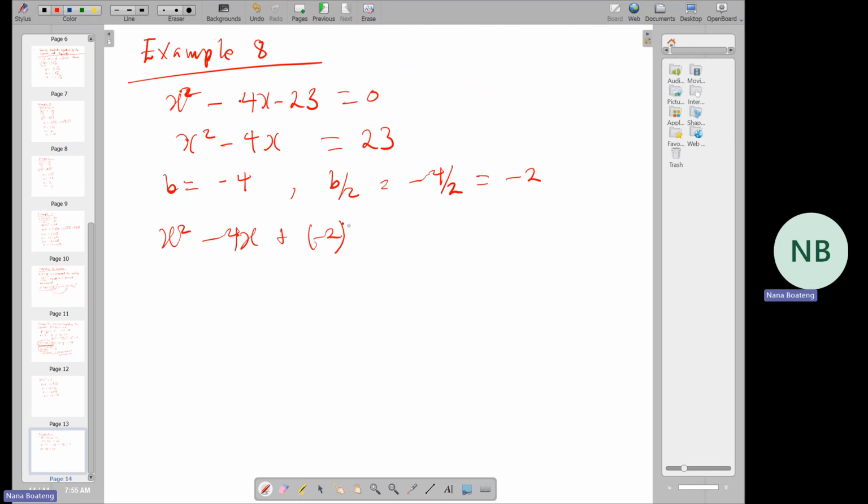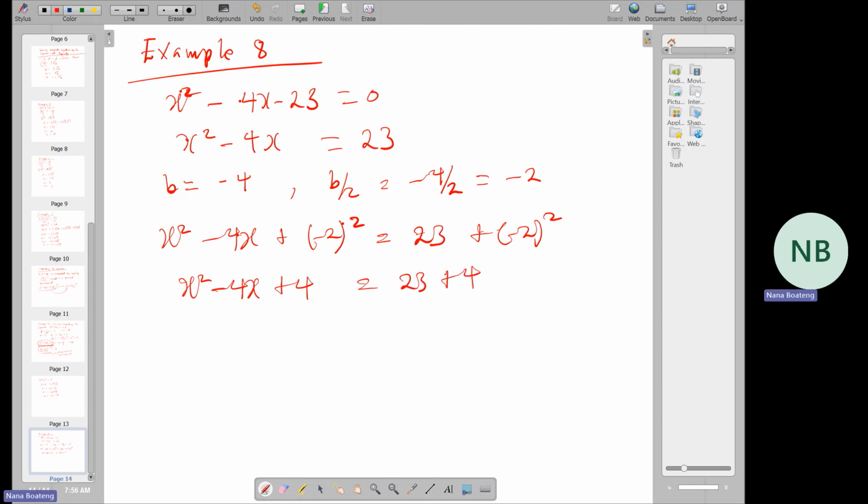So -2 squared is equal to 23 plus -2 squared. We add -2 squared on both sides. So this becomes x squared minus 4x plus 4 is equal to 23 plus 4.